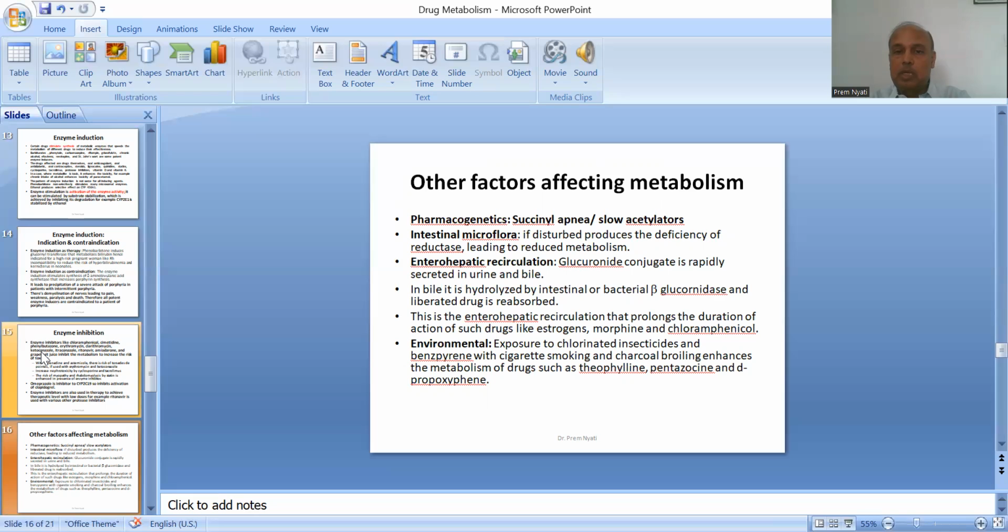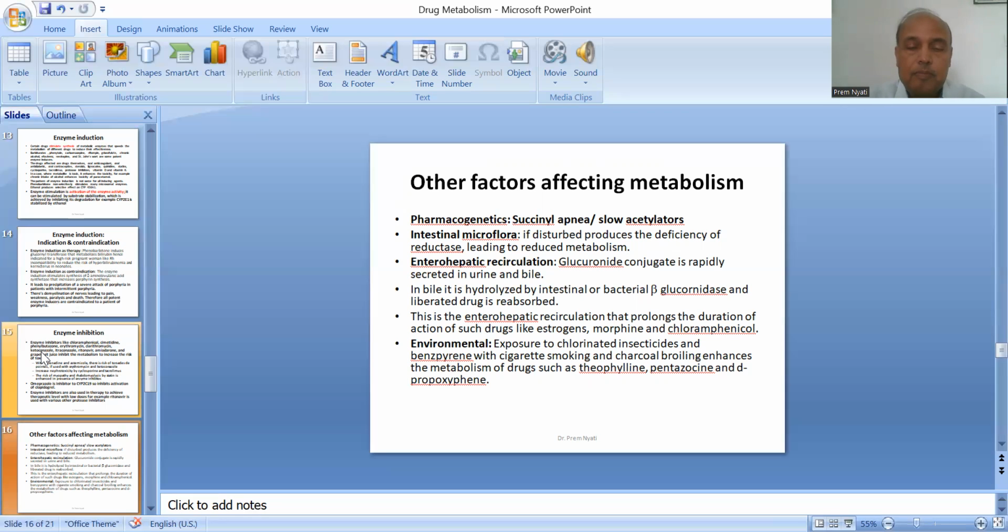This is enterohepatic recirculation that prolongs the duration of action of such drugs like estrogens, morphine, chloramphenicol. So excess use of antibiotics can disturb this process, and there can be ineffectiveness of these drugs.